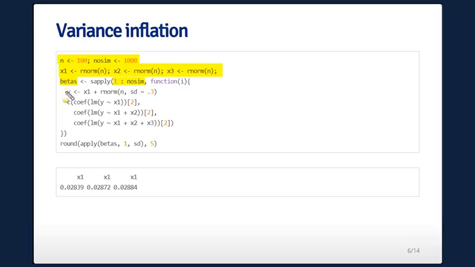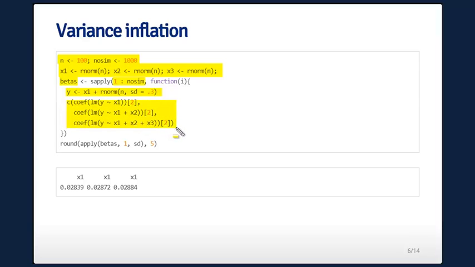What I'm going to do is fit the y given x1 regression model, and then I'm going to add random noise. So this simulation part of it is adding random noise 1,000 times, and that's how I generate my y.